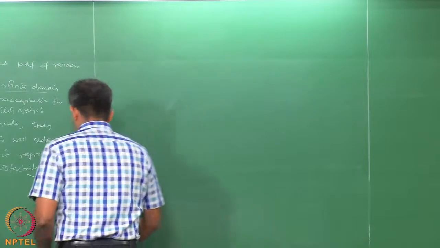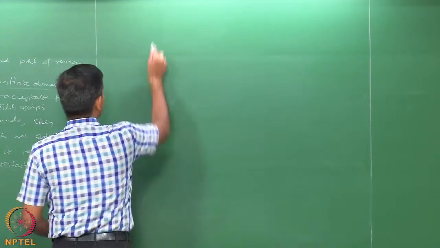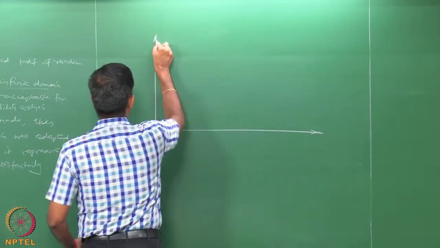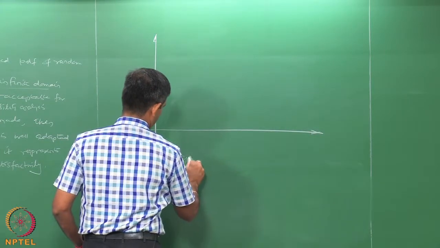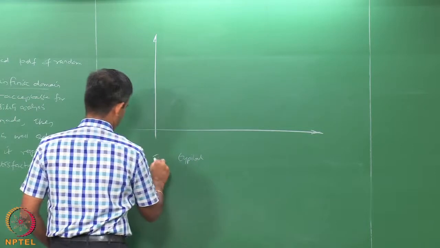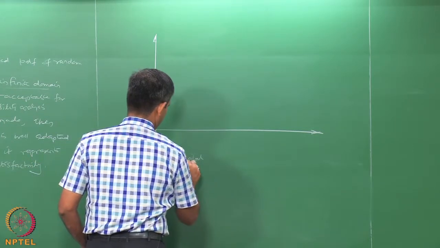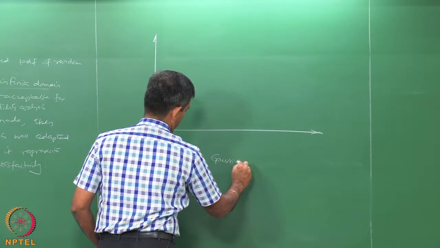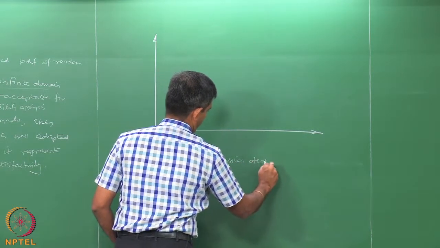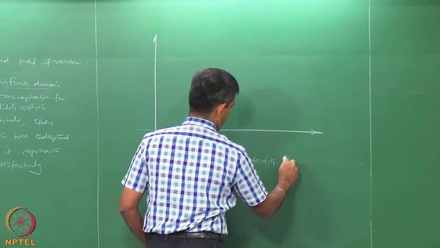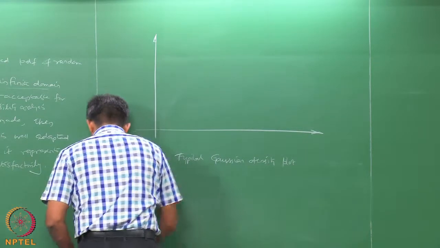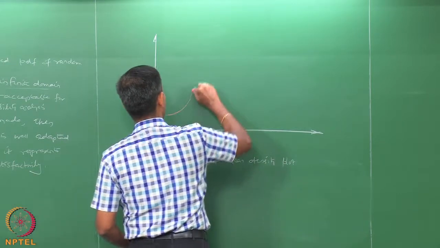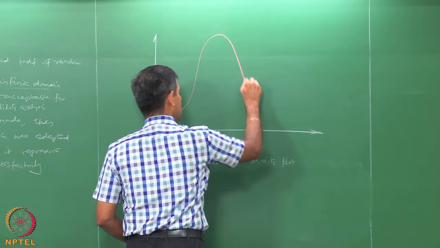A typical Gaussian density plot looks like this. The bell mouth curve.